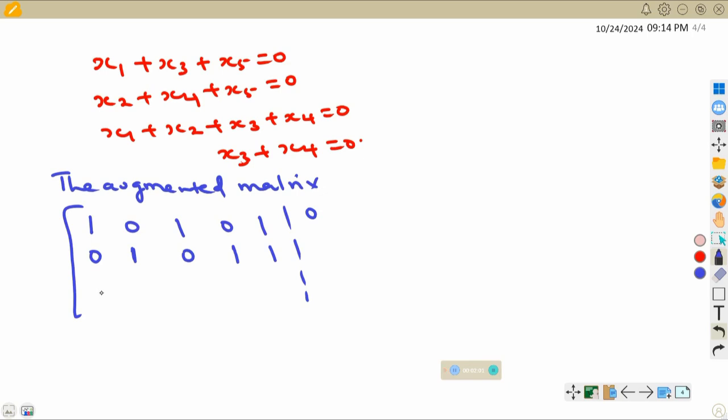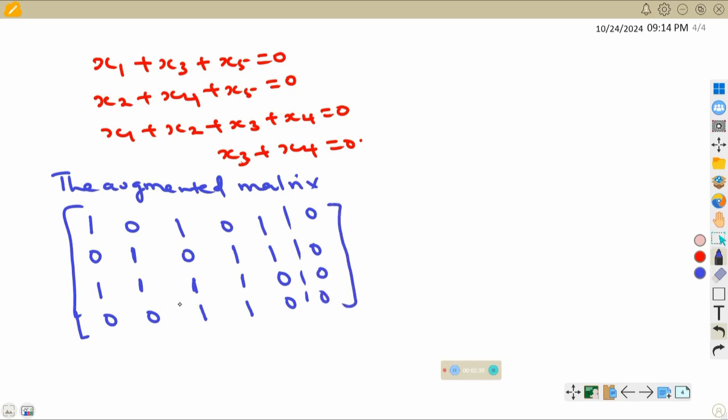Then next we shall have 1. x2 is 1. x3 is also 1. x4 is 1, and x5 is 0. Next we shall have x1 0, x2 is 0, x3 is 1, x4 is also 1, this is 0. So we shall have 0 0 0.